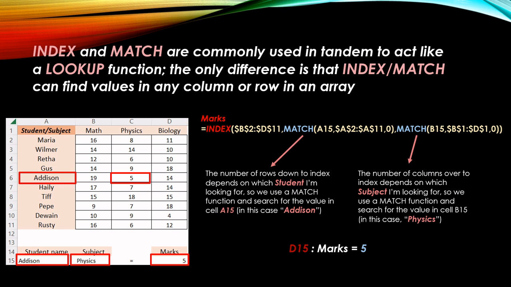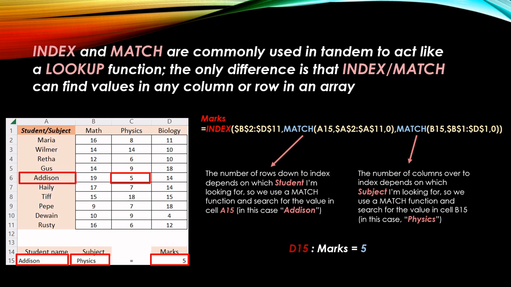So it looks kind of like a beast of a function, but when you consider each of the individual match formulas, kind of starting inside out, and think about what the output of each of those match functions is, you end up with just a really simple index.